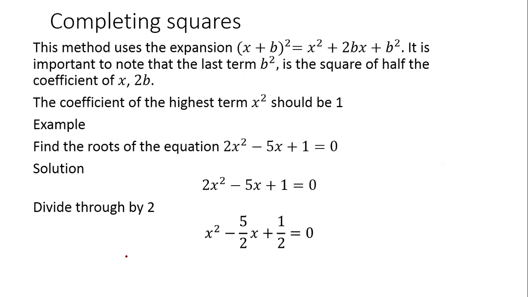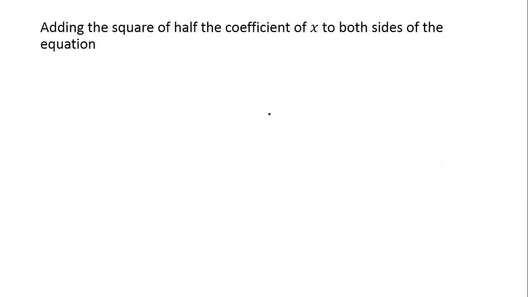So my equation was x squared minus 5 over 2 x. So what I'm going to have when I add half the coefficient is this.